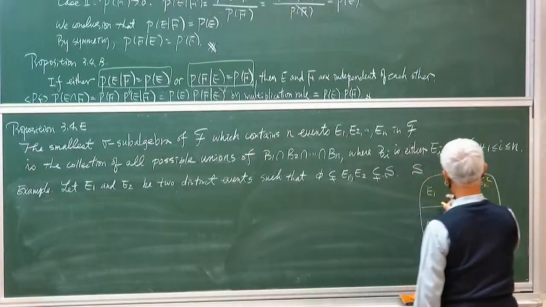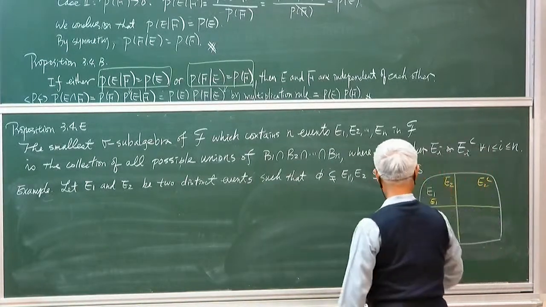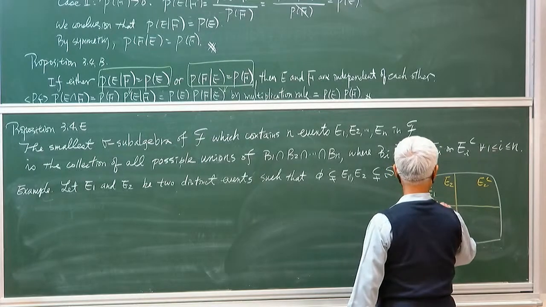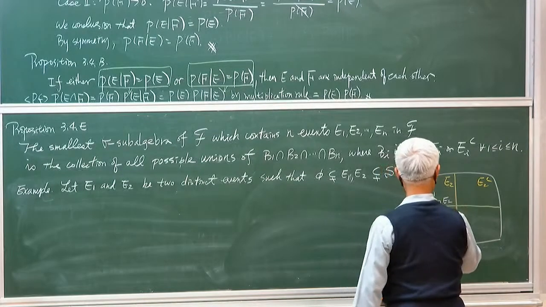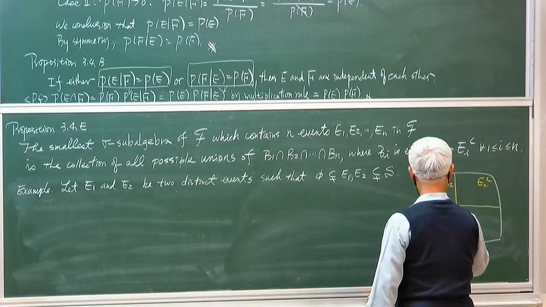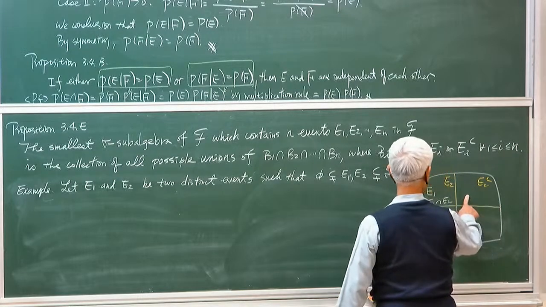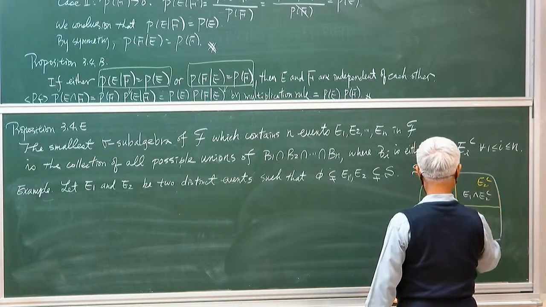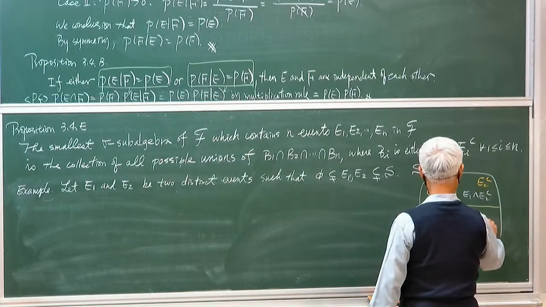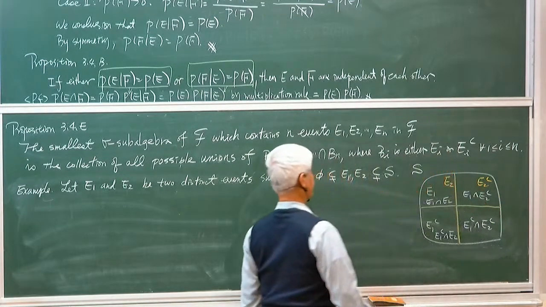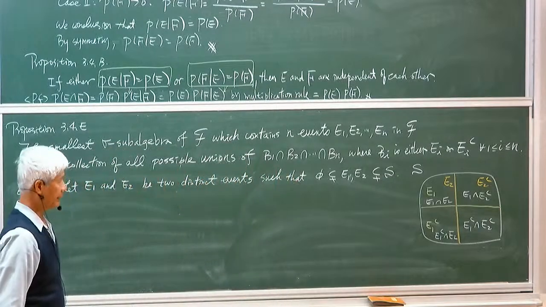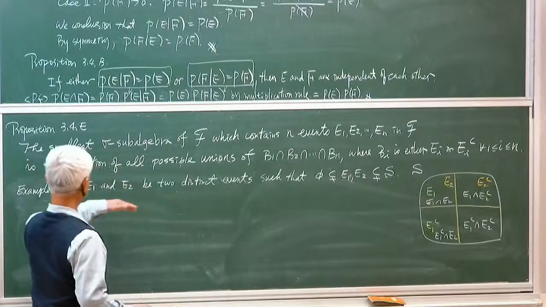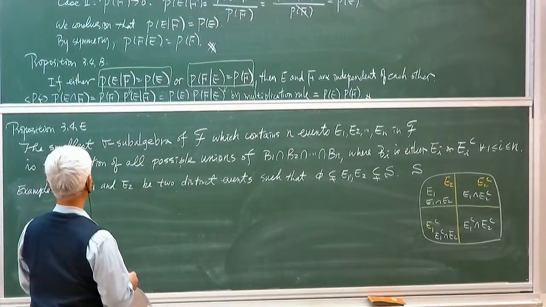So this part is E1 intersect E2, here is E1 complement intersect E2, and this one is E1 intersect E2 complement. This is E1 complement intersect E2 complement. Alright, so based on E1 and E2.